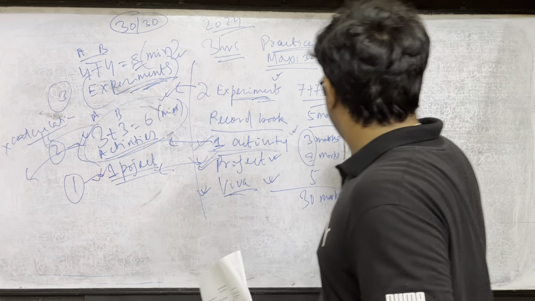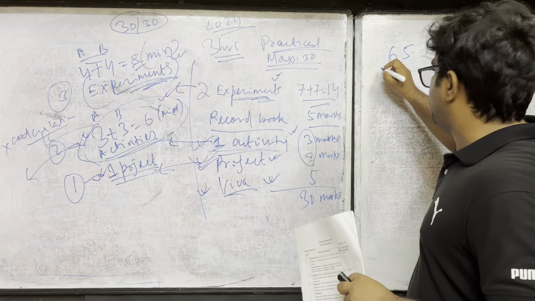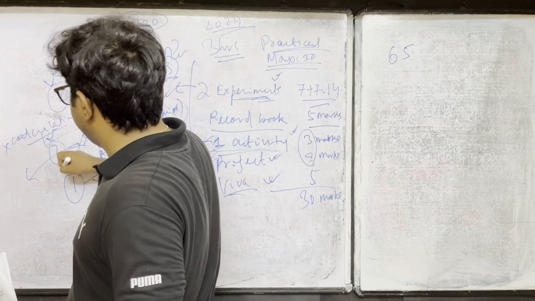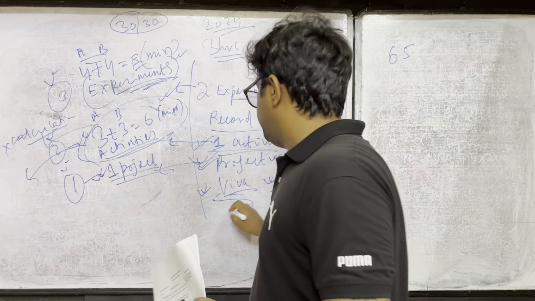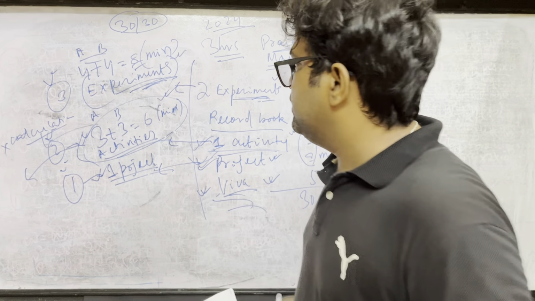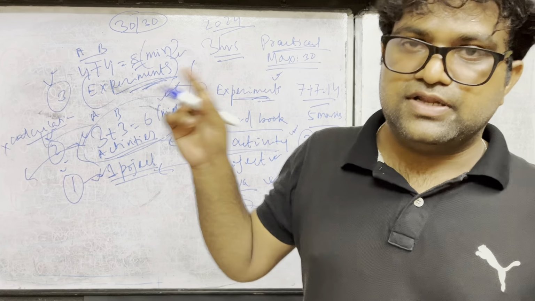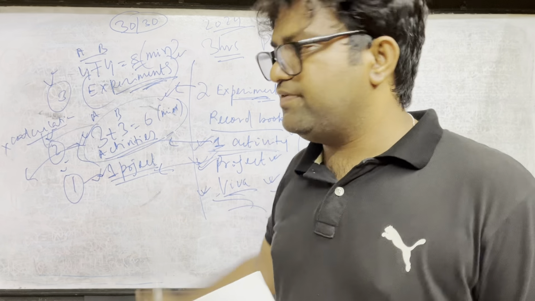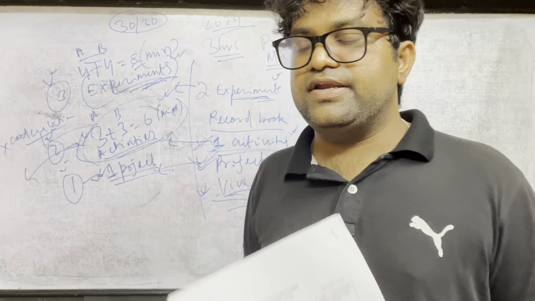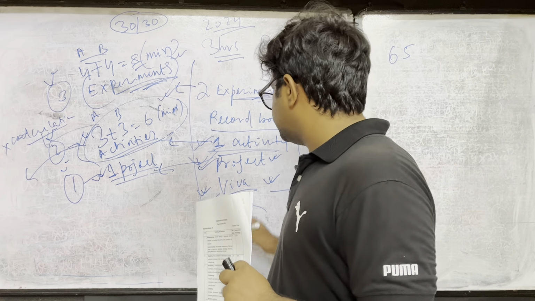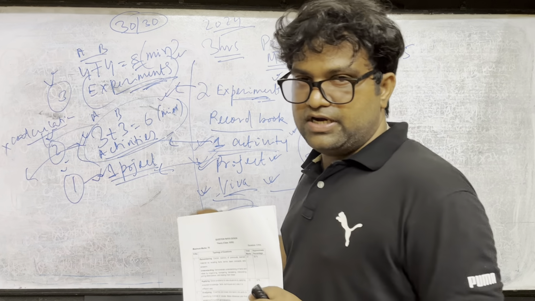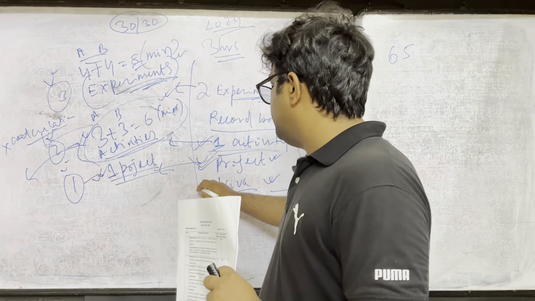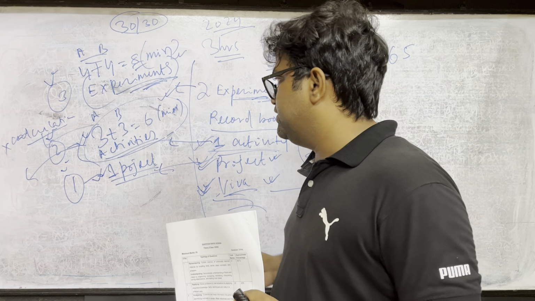If you score 65 in theory and maintain this record book properly... Viva questions, if you need, I'll help you out. I'll make a separate video for that. I have already made one for last year's students, you can check it. It will be similar because the syllabus has not changed much, right? Or for this year also I can separately make a new one for the Vivas, right?